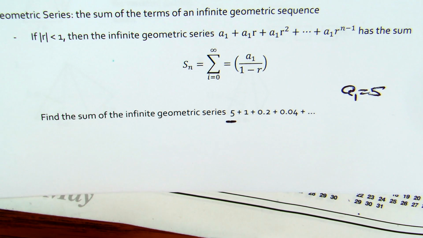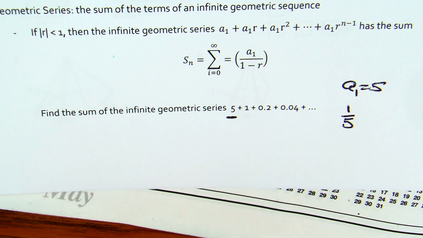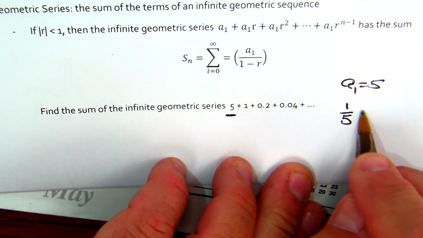Your first term, if they give it to you, is a sub 1. Now, I'm going to do 1 divided by 5. Why? They are consecutive terms. It doesn't have to be the first and the second, as long as they're giving you consecutive terms. Make sense? That's my r.